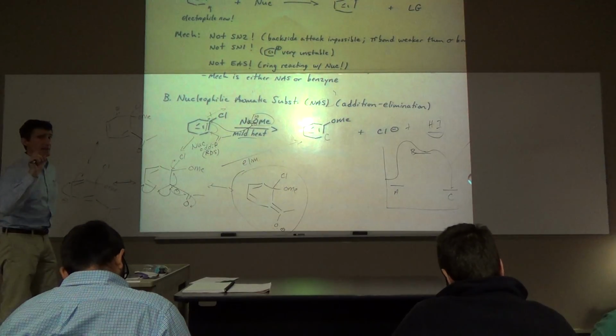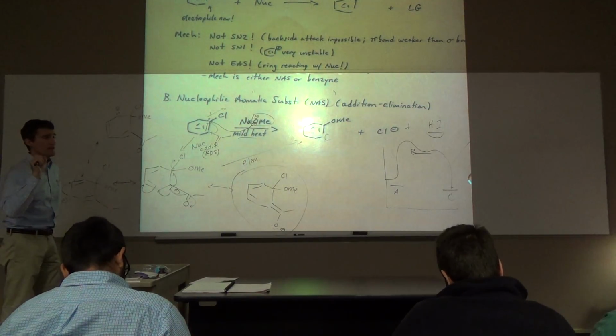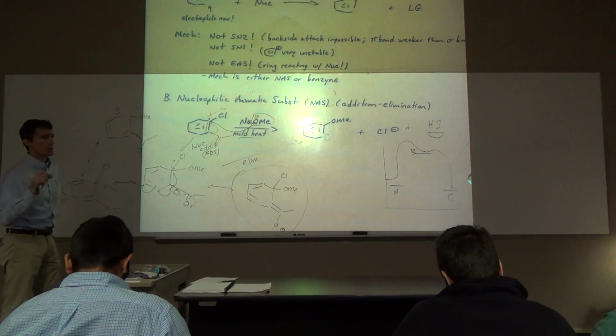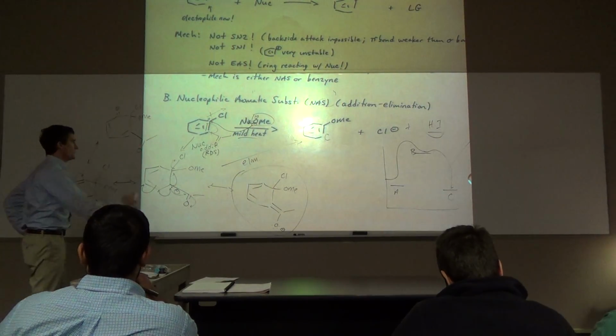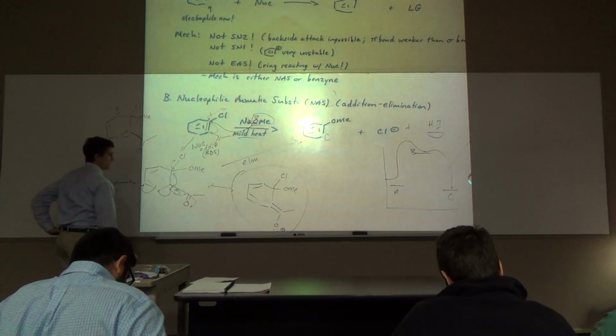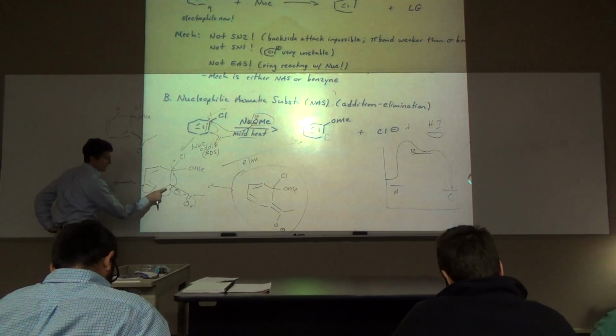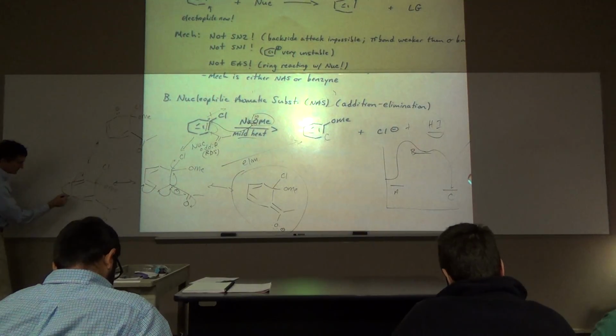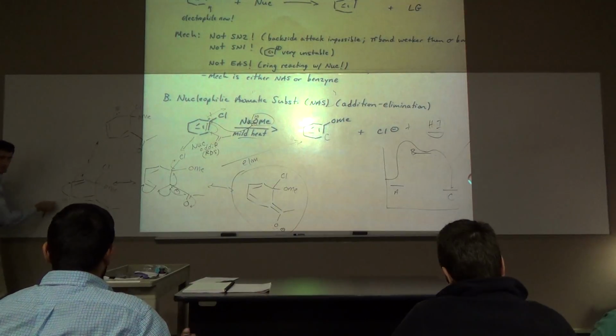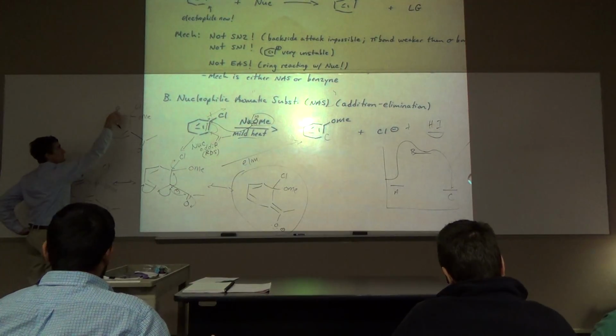Here's the requirement. NAS only works if you have a strong electron withdrawing group, ortho or para, to the leaving group. I put in ortho. Note, the group has to be connected to wherever the anion fell. It fell ortho, falls para. We could have put the group here and moved it into the group para. Ortho.